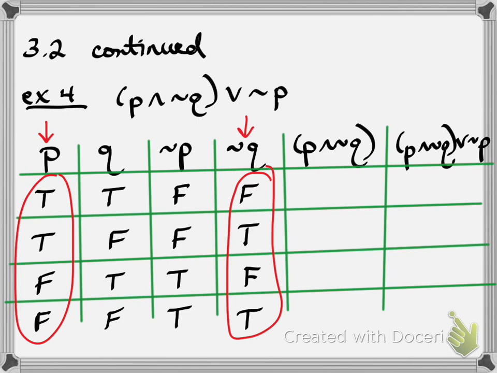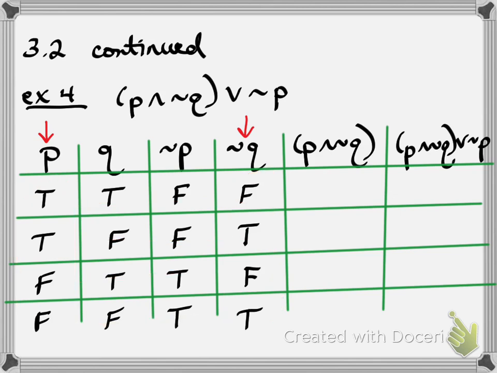So if we just scan across here, this one right here is the only time we're both true. So let me erase all this mess I've done. And so we have a false. This is the one case right here where they're both true.